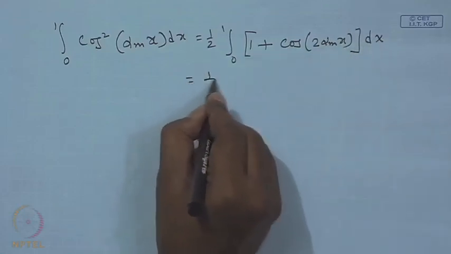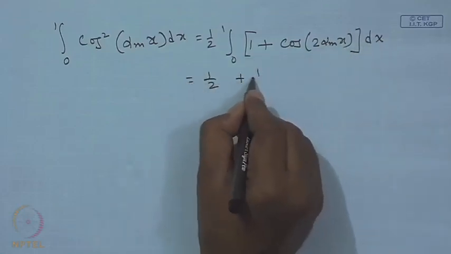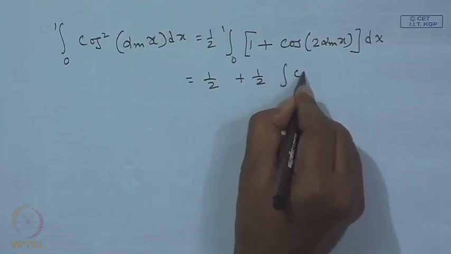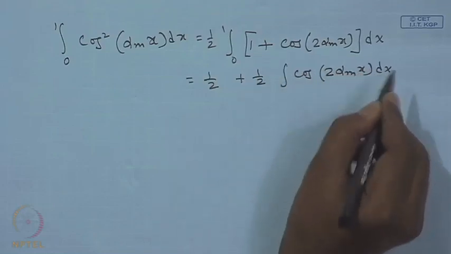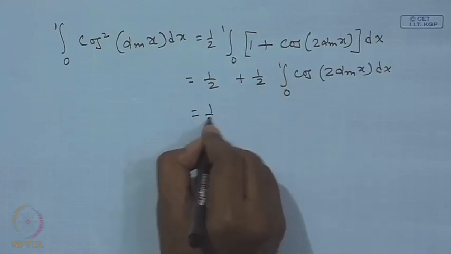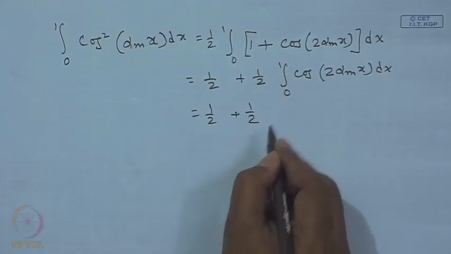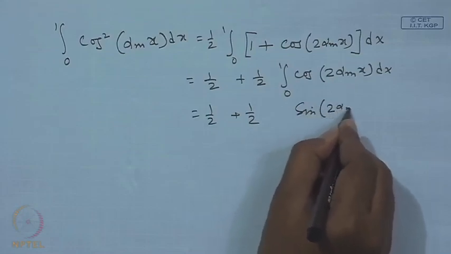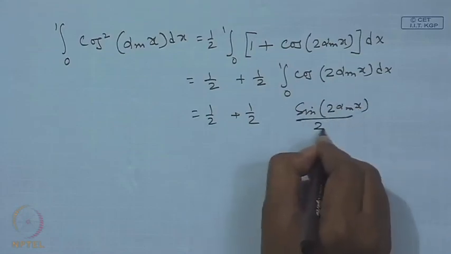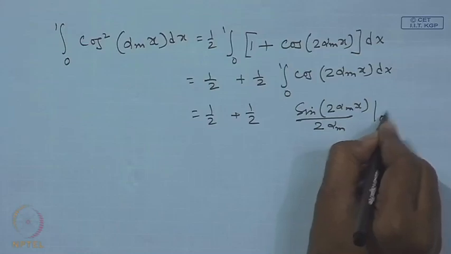So, carry out this integration. This will be half plus half integral of cosine 2 alpha m x dx from 0 to 1. So, this becomes half plus half, it will be sine 2 alpha m x divided by 2 alpha m from 0 to 1.